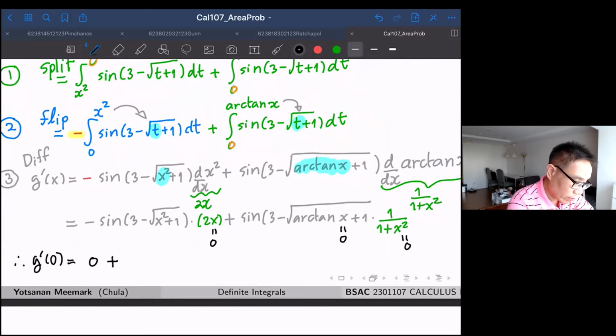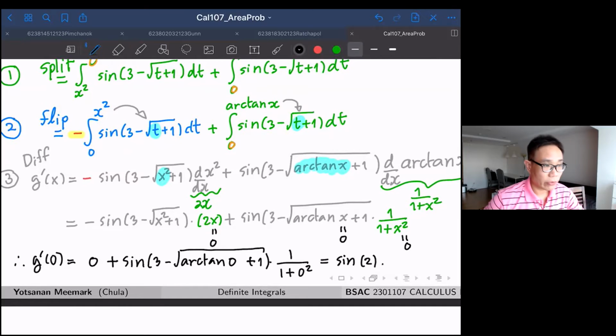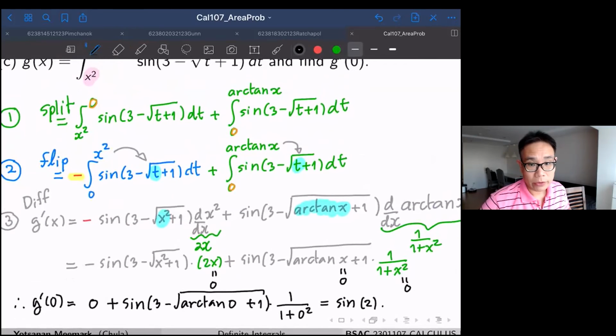The second term is psi 3 minus square root arctan 0 plus 1, times 1 over 1 plus 0 squared, and this will be psi of 2, so it's psi 2 radian. This is how we find the derivative of the integral.